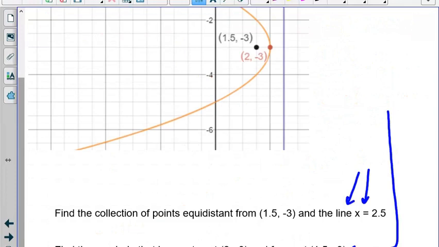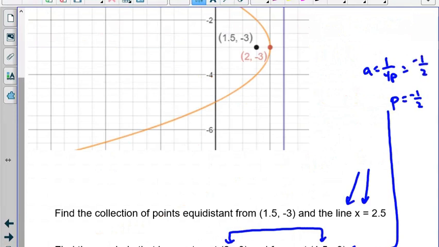Find the parabola that has vertex at (2, -3) and focus at (1.5, -3). Well, if we can see that this distance is 1/2, and the focus is on the inside, that means our p-value is negative 1/2, which means that our a value, which is 1 over 4p, is going to be 1 over 4 times negative 1/2, which is negative 1/2.